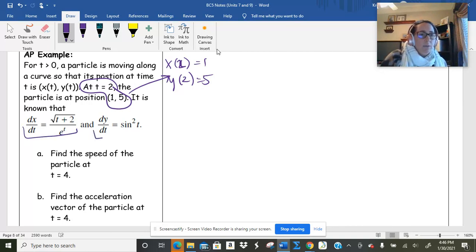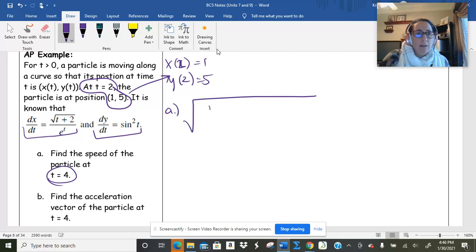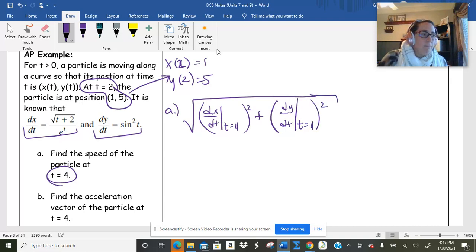And then they gave me the derivatives, and they want me to find the speed of the particle at 4. So for the speed, I'm going to do dx/dt evaluated at 4 and square it, plus my dy/dt evaluated at 4 and square it.